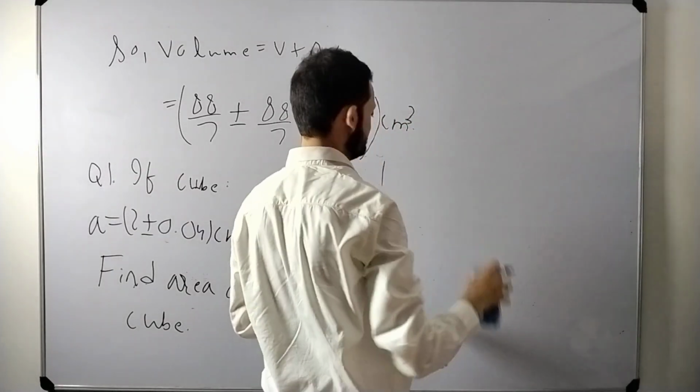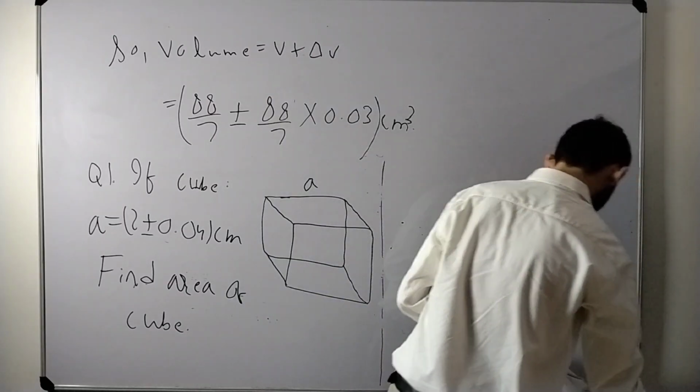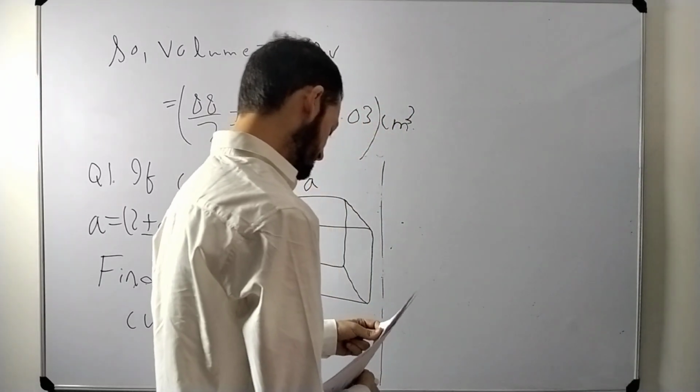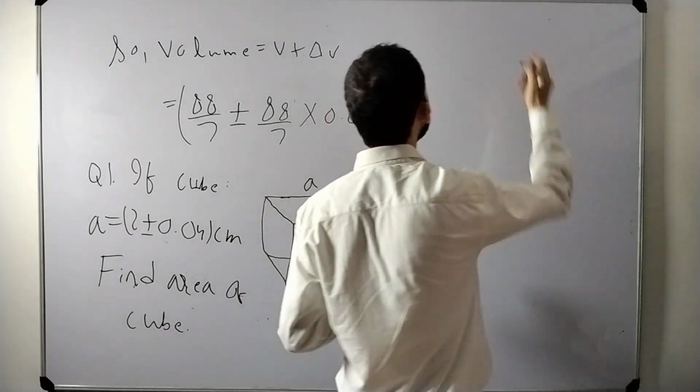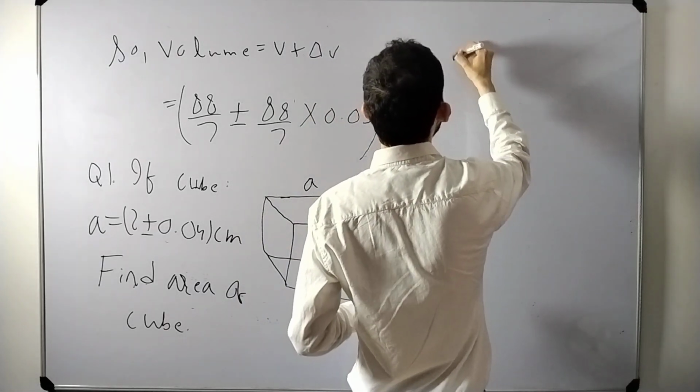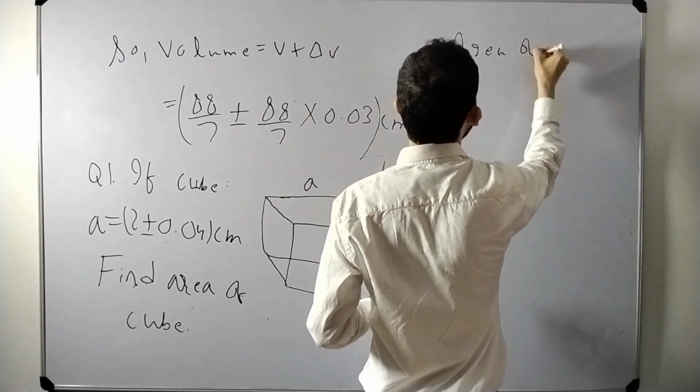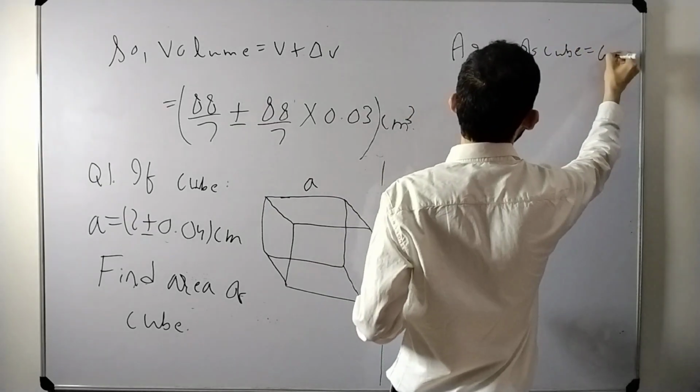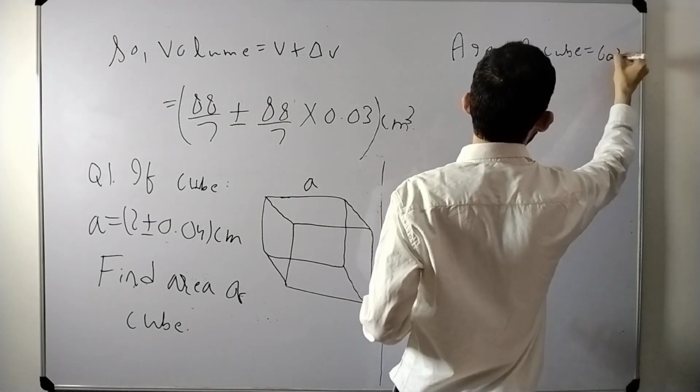So, thinking. Area of cube is 6a square. Very good, students.